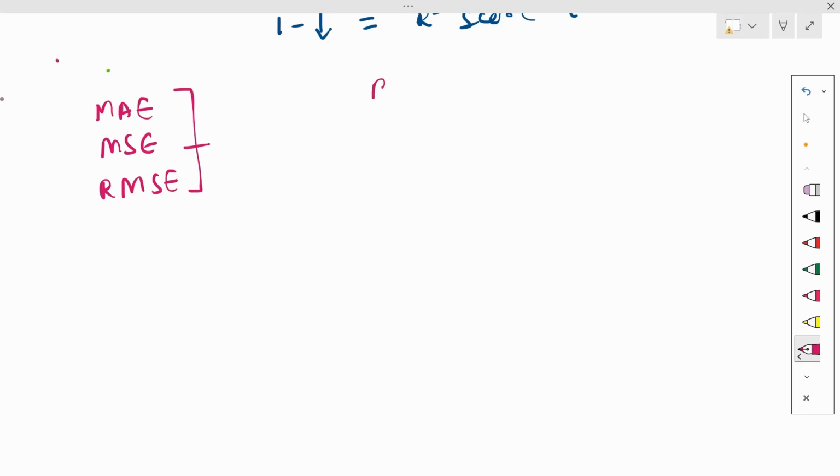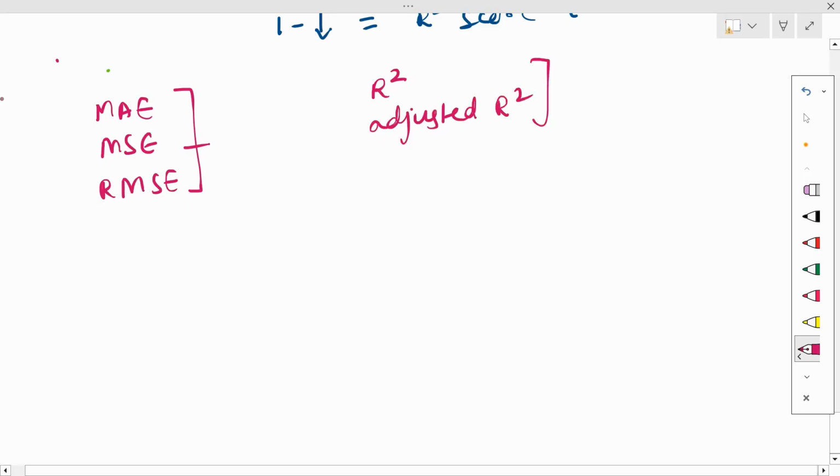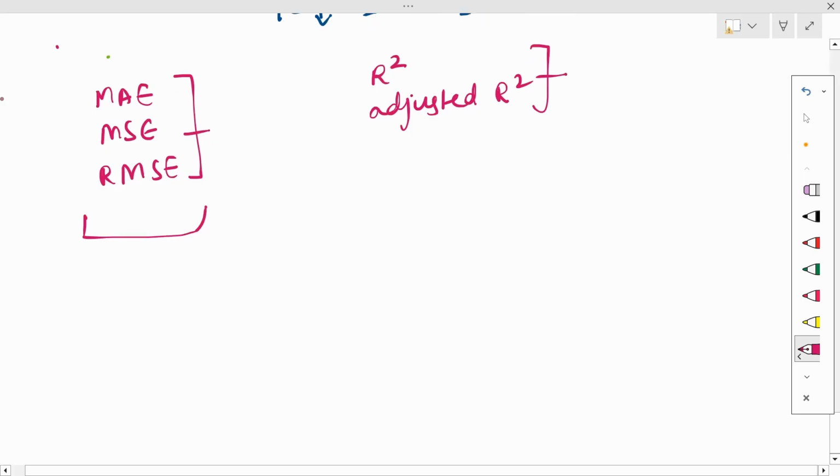Then we have R square and adjusted R square, which tell us how well our features are able to explain the target variable. In this case also, the output that we are getting is in different units. So it's not easy to tell customers how accurate our model actually is.